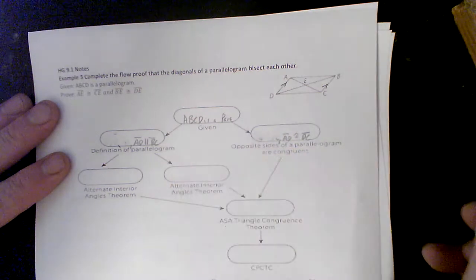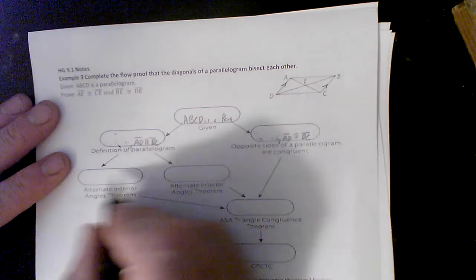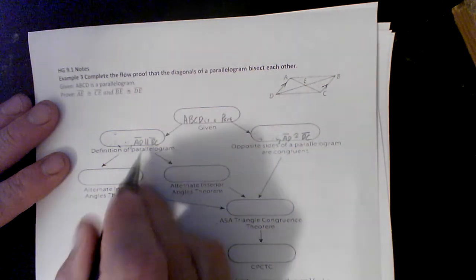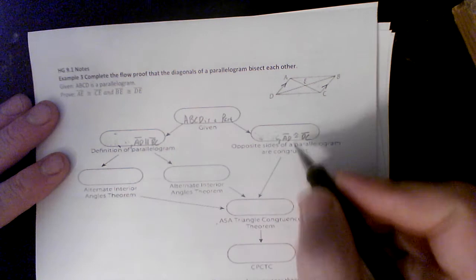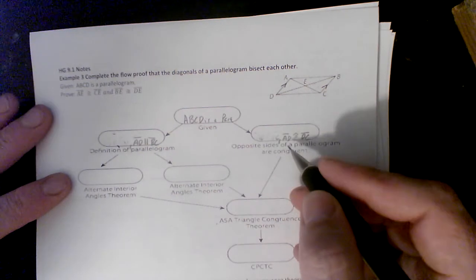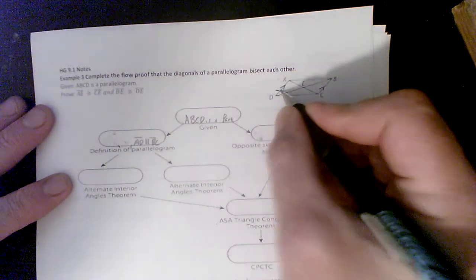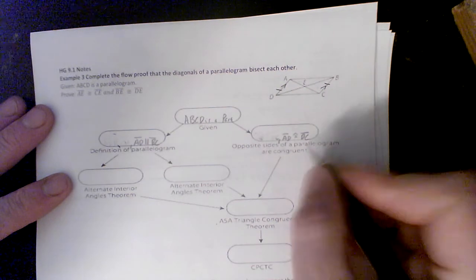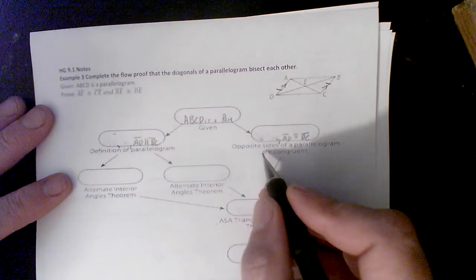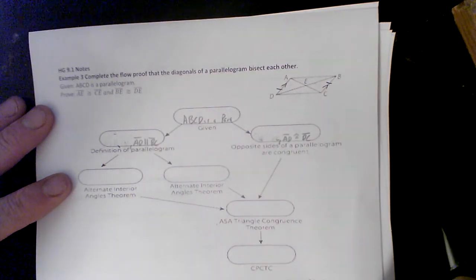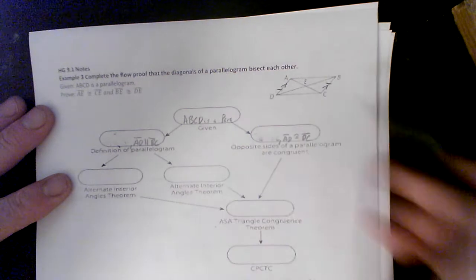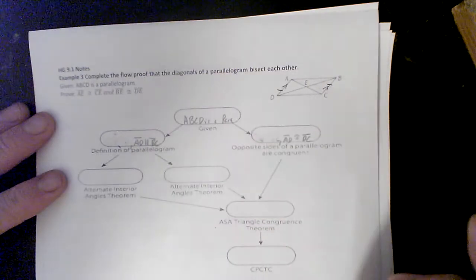And that's the definition of a parallelogram. Now, when you see a flow proof, everything over here is going to go off of that parallel side, and then meet back up with the fact that AD, marking it here, is congruent to BC. And since we've already proved it, we can say opposite sides of a parallelogram are congruent. Now, I can prove these other two sides congruent, but I'm not going to need it here.